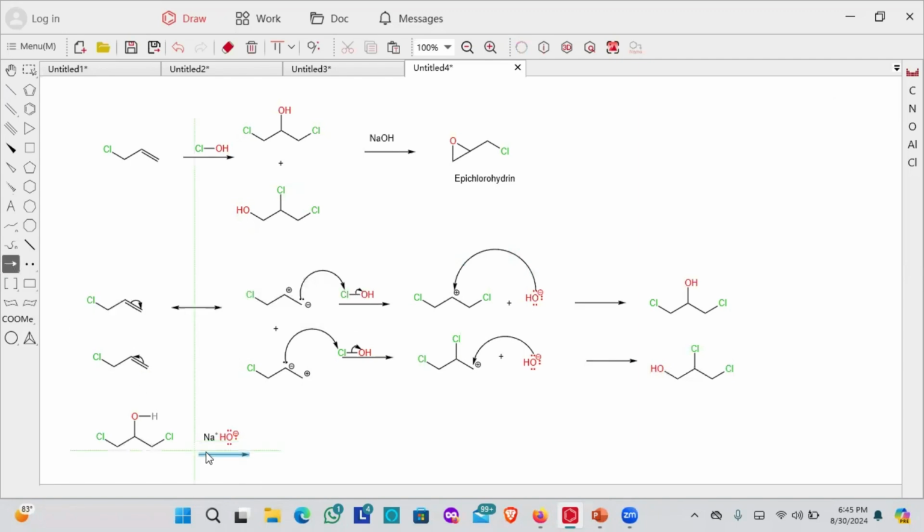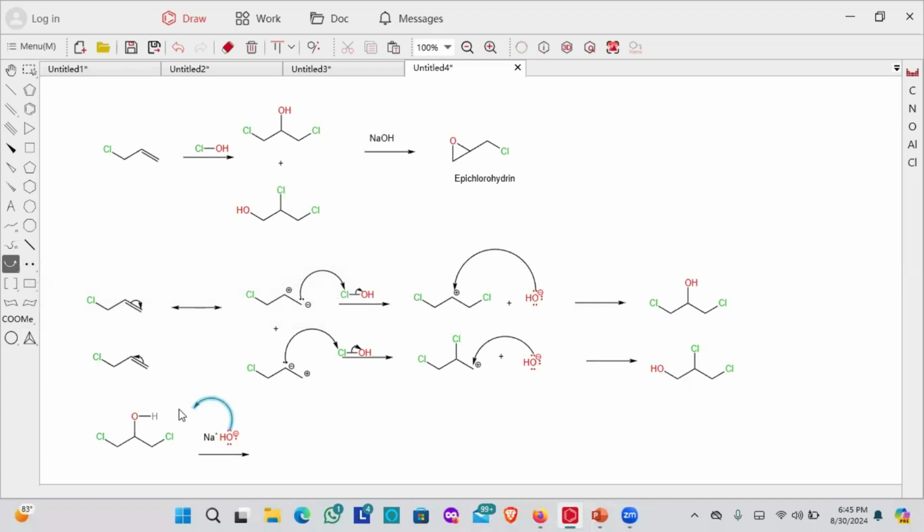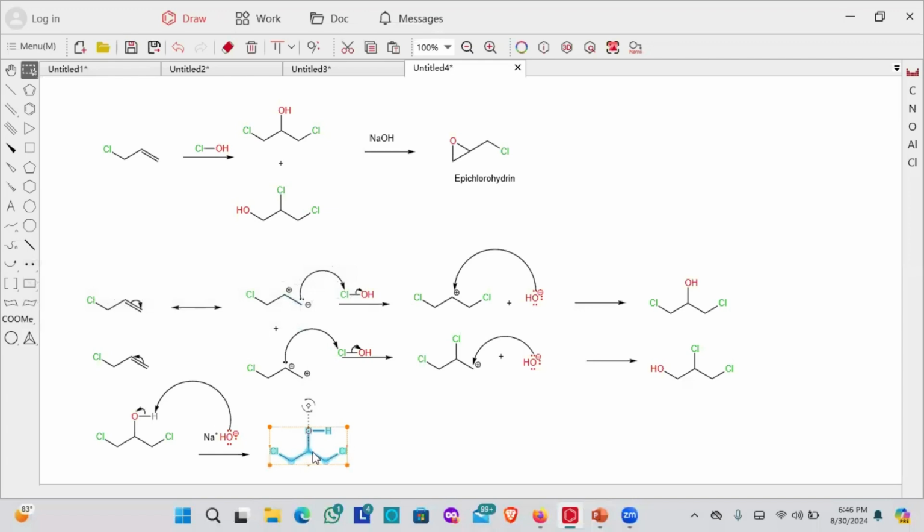Move this down a little bit. And so the OH minus is going to remove the hydrogen and break the covalent bond here, leaving us with, let's show what the product is going to look like, this as the product.